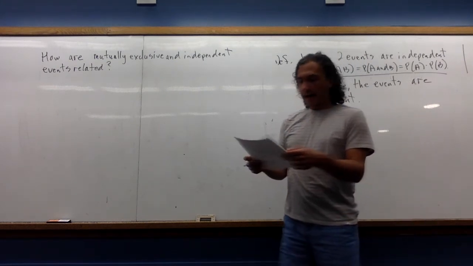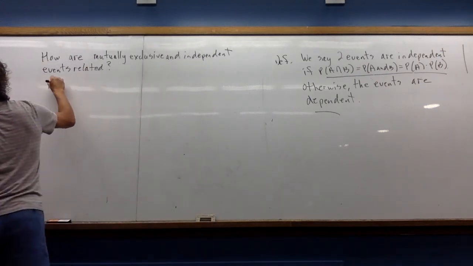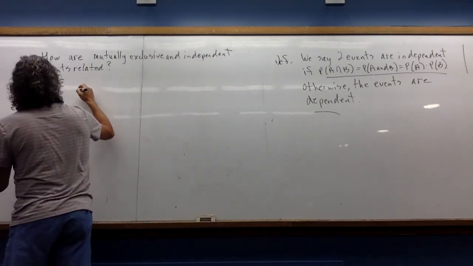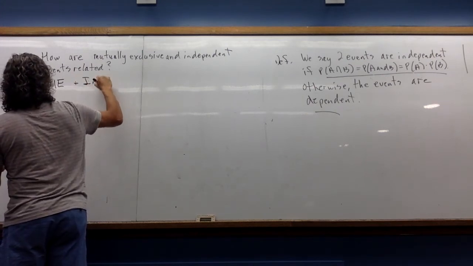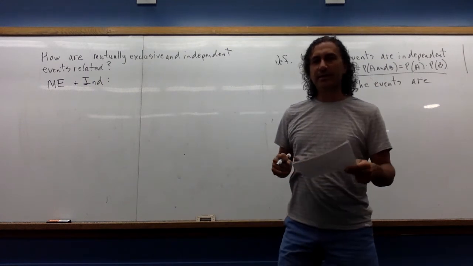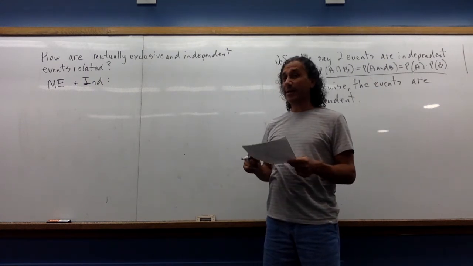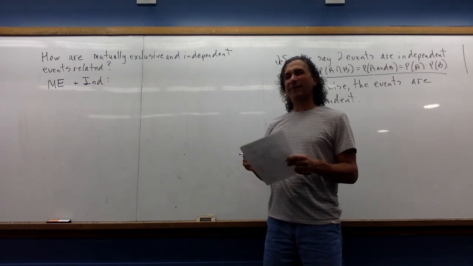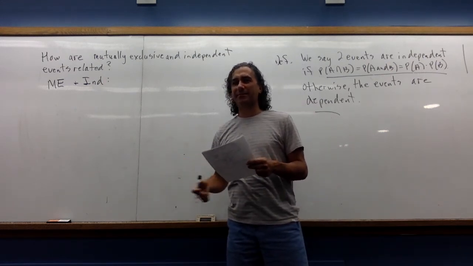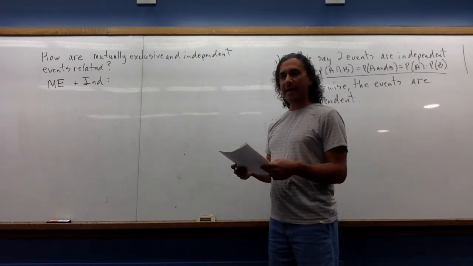Okay, so let me give you an example of this. So I'm going to write ME for mutually exclusive because I'm going to be writing it a bunch of times. So I claim that you can find two events that are both mutually exclusive and independent. Again, think about that. From the English perspective, that doesn't make sense. But this is the definition, and we'll see that we can.